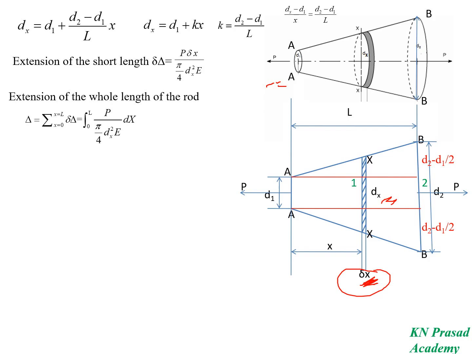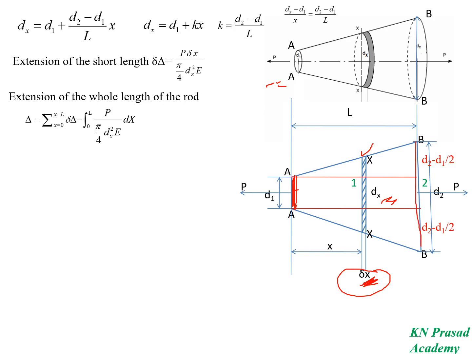Now we have to find this extension or deformation of the whole length of the rod. The whole length is nothing but the summation of all the smaller sections from the starting of the bar to the end of the bar.